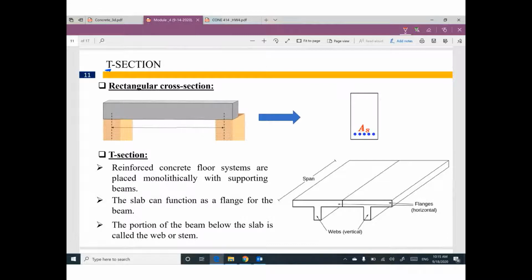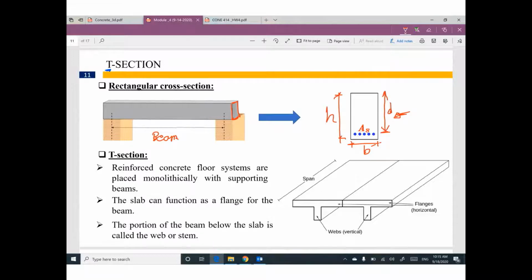We have a rectangular beam like this, a reinforced concrete beam, and the cross section for this beam is a rectangle. It looks like this one with B as the width, overall depth, and actual depth D with area steel.